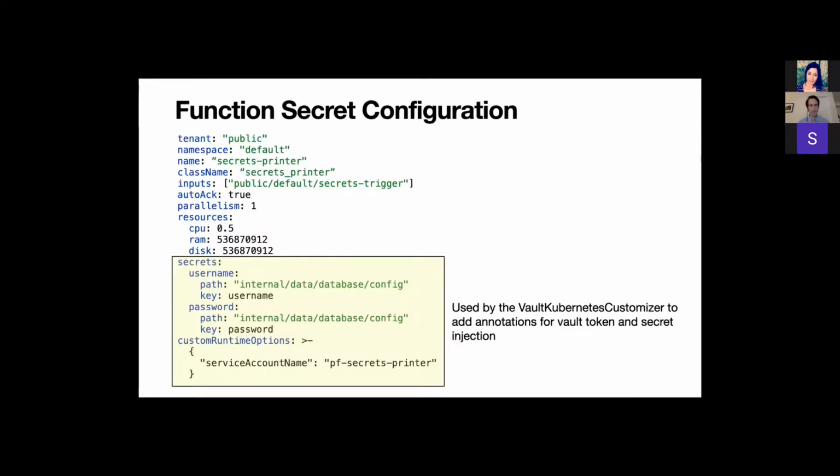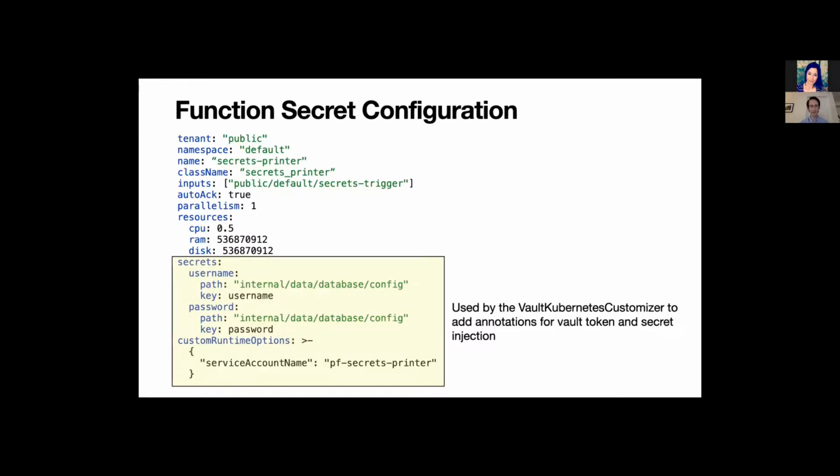So this is an example of how I would configure my function to get secrets. I highlighted the section below. This is a section you can add to your function config if it's enabled. This is how you would add secrets to your functions. Basically, there's a secret section.